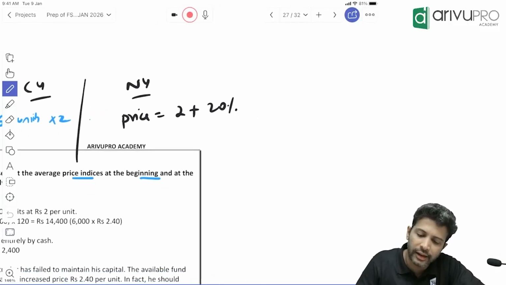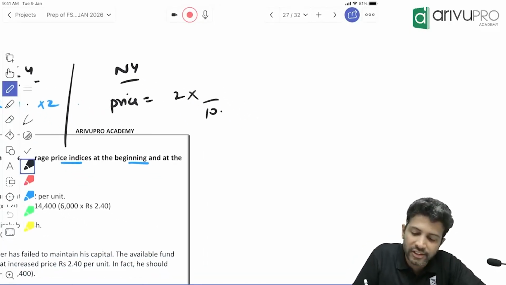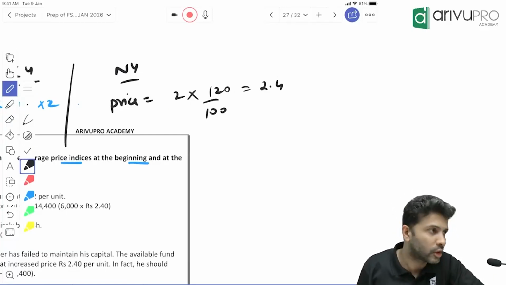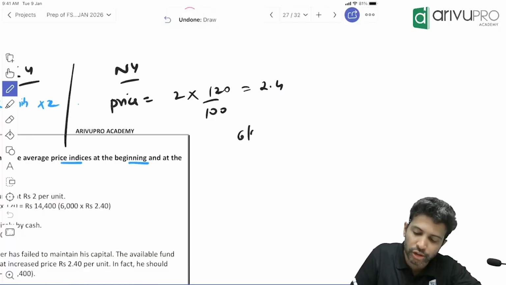Or you can also calculate like this. 2 rupees is the price of the goods when the index is 100. When the index has become 120, how much would be the price? 2.4. Now one unit in the next year will cost you how much? 2.4. Yes, sir. That means to buy 6,000 units, how much money is required?